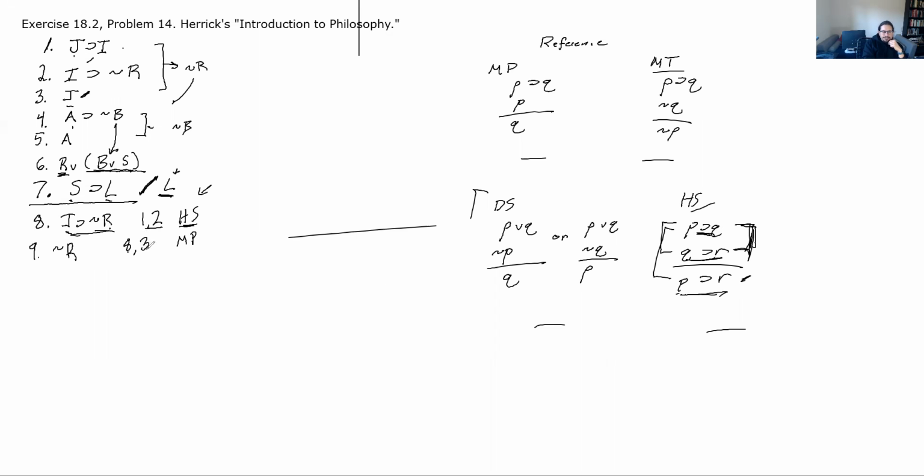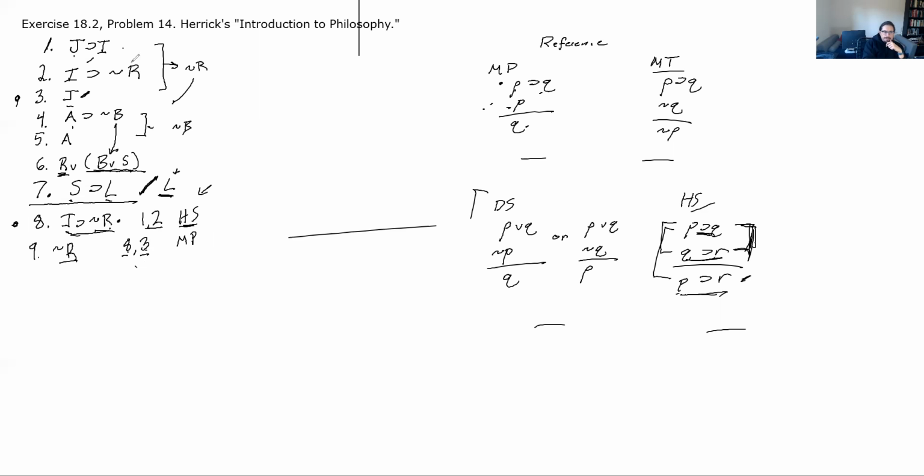Now I said 8, 3. This is this line here. If J, then not R. J, therefore not R. So again, this is the conclusion. This is the first line of Modus Ponens. This is the second line of Modus Ponens.